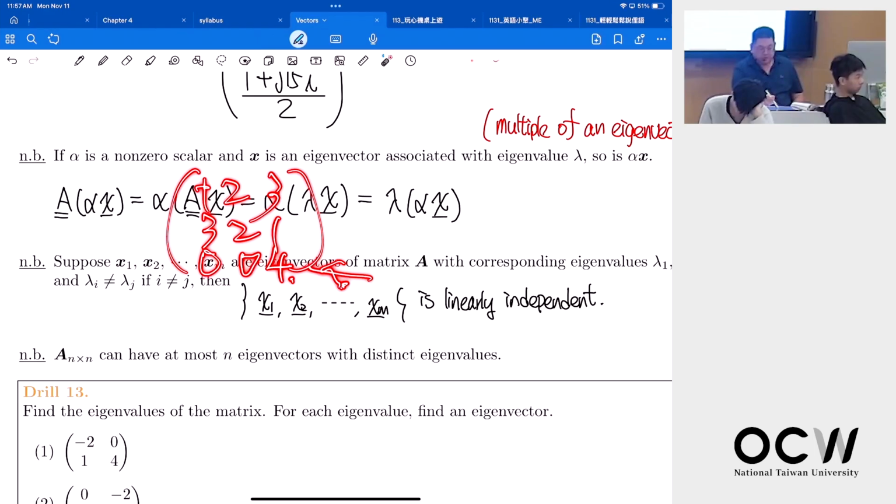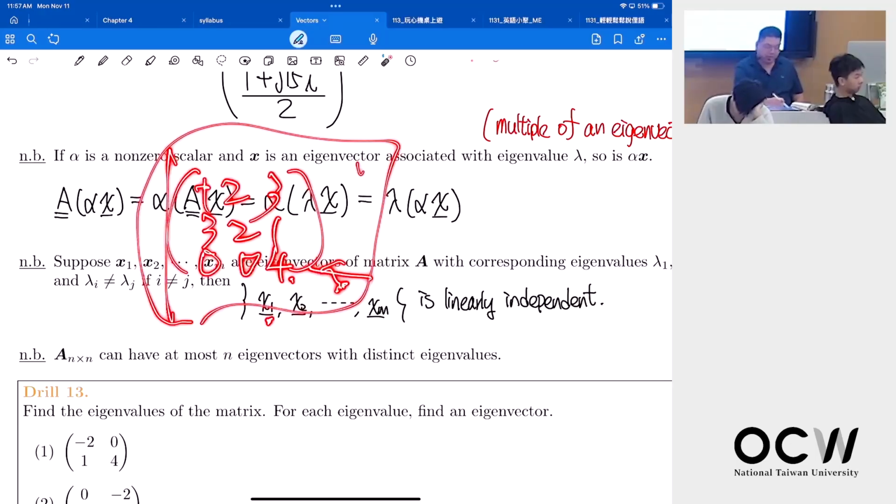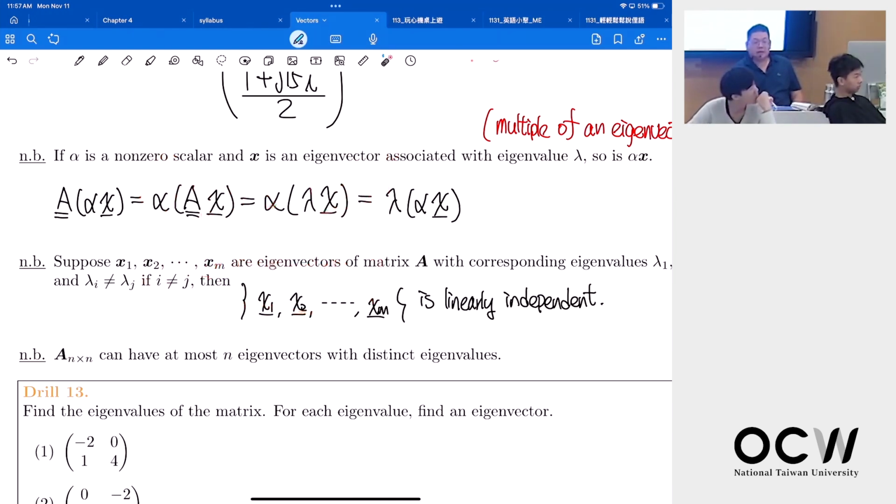I cannot have 4, because if you see the characteristic equation, the determinant of A minus lambda I, finally the characteristic polynomial has order 3. So you can get at most 3 distinct eigenvalues. You cannot have more. And for each eigenvalue I can get an eigenvector. So I have at most n eigenvectors.